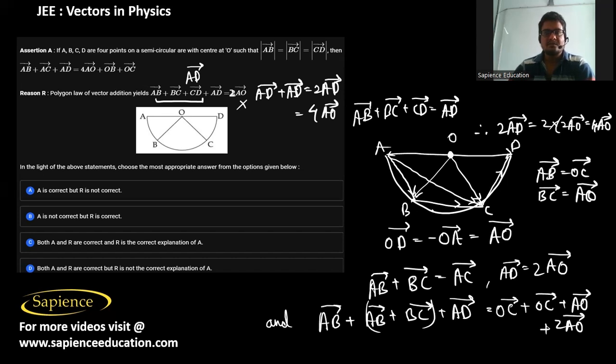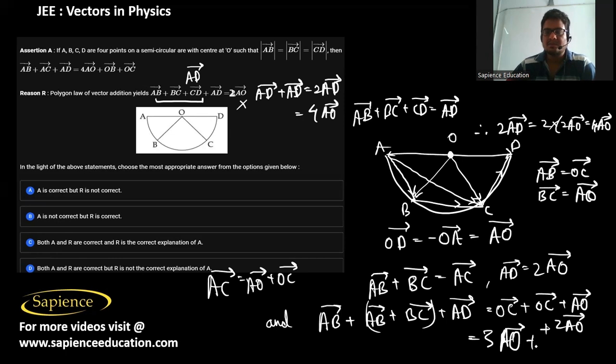AB that is equal to OC and AC we can also say that is equal to AO plus OC. So this is coming 3AO vector plus 2OC vector.